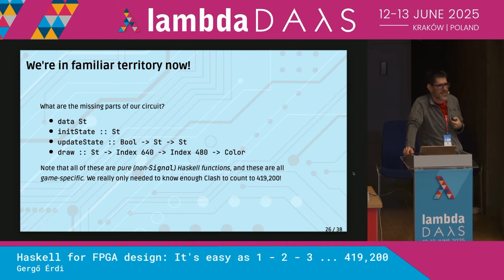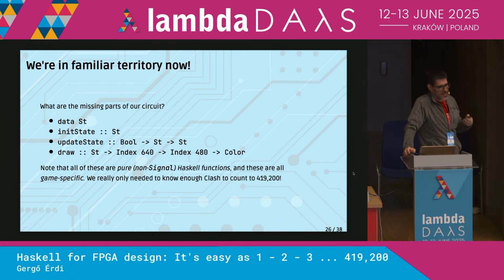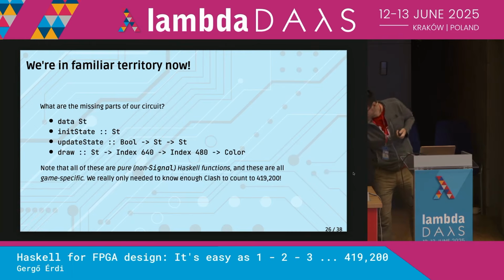So what is missing at this point? We have made our video generator. We have connected it into our framework consisting of the register of the game state. Everything is done except anything that is specific to our game. So what remains? Well, we need some initial state that we initialize the register with. And actually, before we can even do that, we need to know what type our state is.